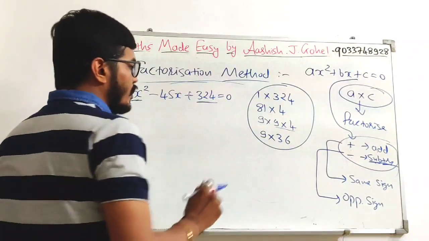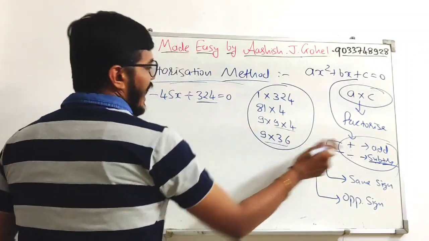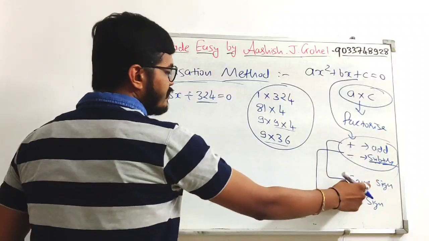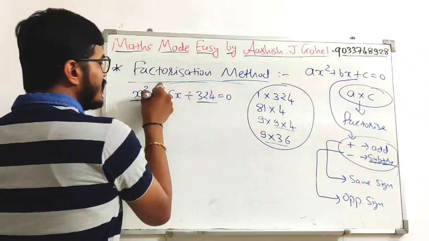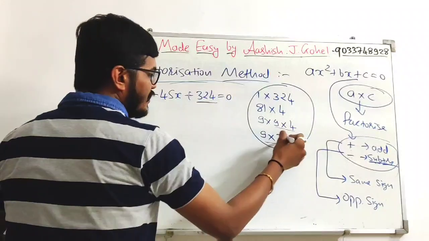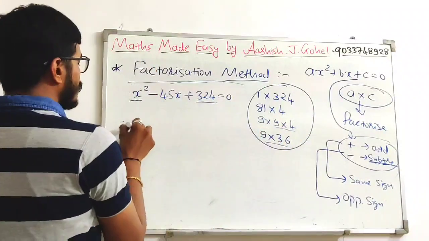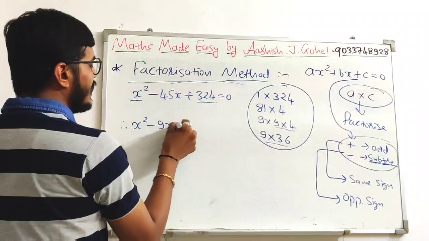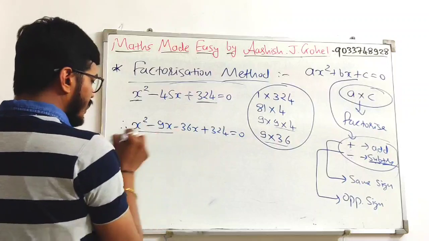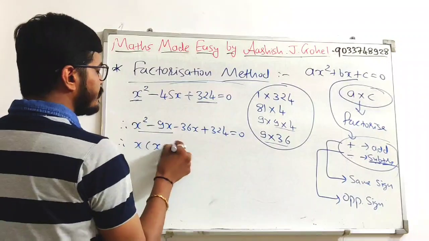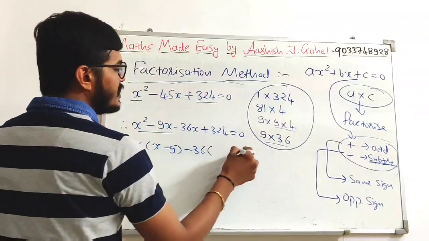Now as we are doing the addition, we need to put the same sign, and the sign will be of the middle term. Here a negative sign is there, so we will give a negative sign to both these numbers. So x square minus 9x minus 36x plus 324 is equal to 0. Take x common from this, take 36 common from this.